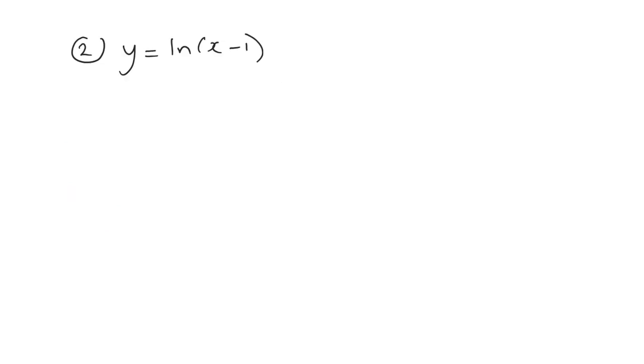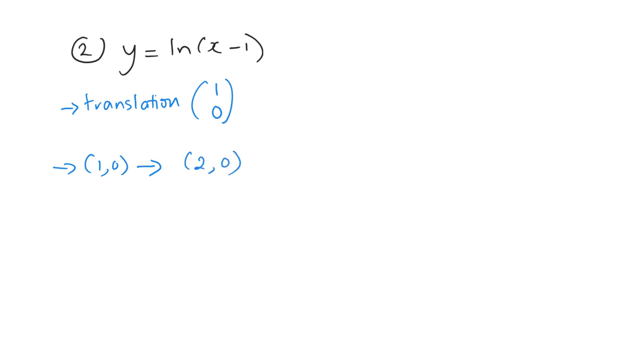The second one then, y equals ln of x minus 1. So we've changed the x to x minus 1, so we know that's a translation. We know it's going to go left or right. So this one here, it's a minus 1, so it's going to go to the right. So a translation of 1, 0. So the point 1, 0 will move over 1, so it will go over to 2, 0, which means the asymptote will move as well.